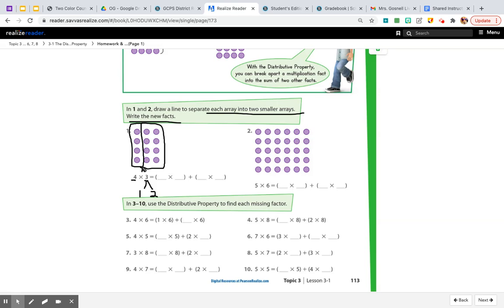I'm eventually going to put these back together to find the total amount. But right now, this problem is just asking me to fill in the missing factors.